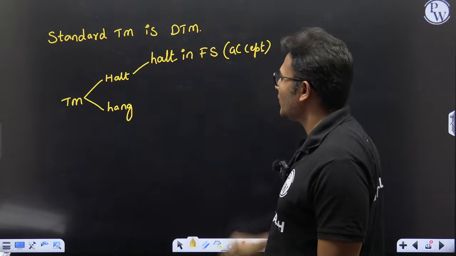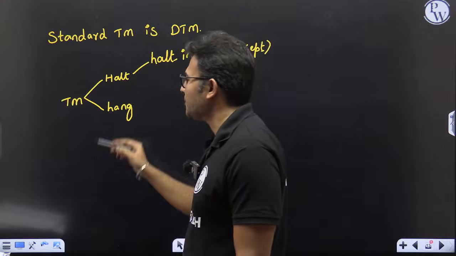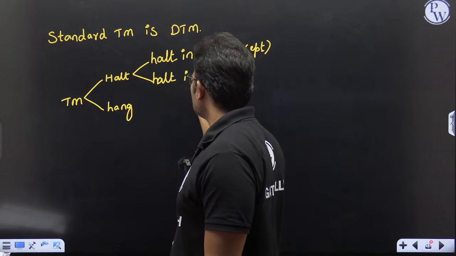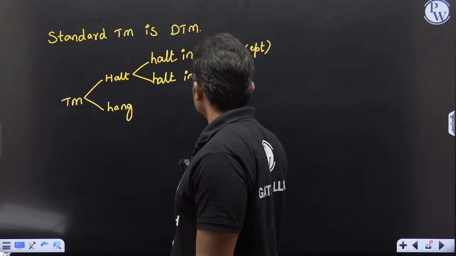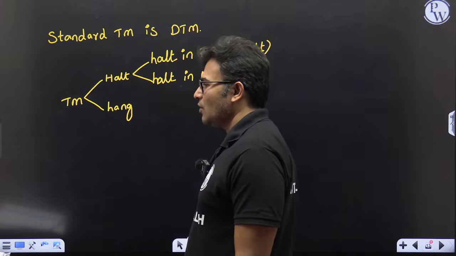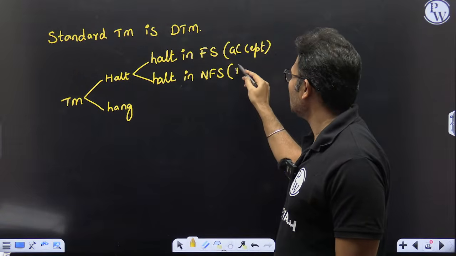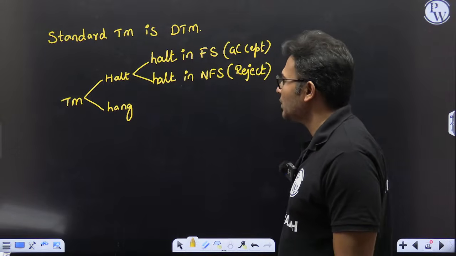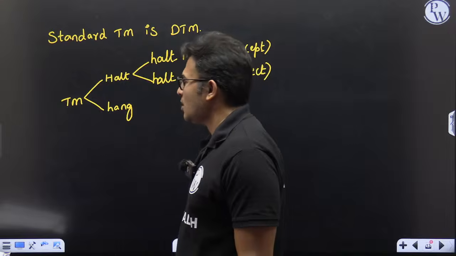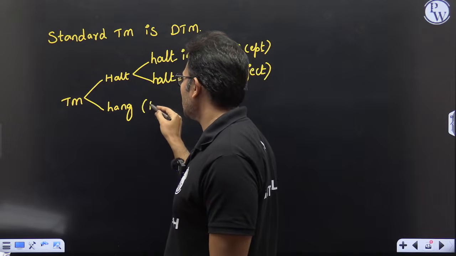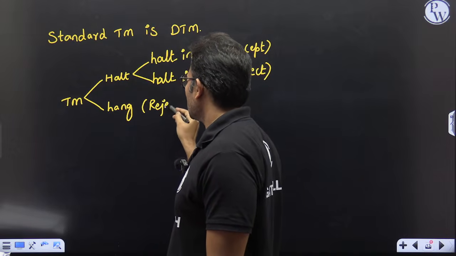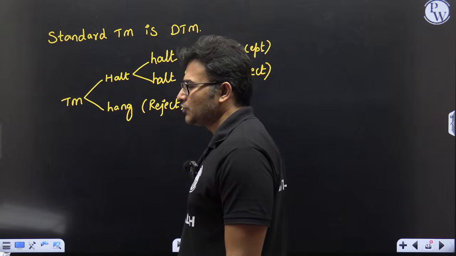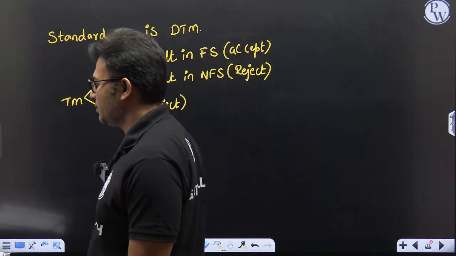If it halts in a non-final state, it will reject. Now, if it hangs, this string is rejected, right?